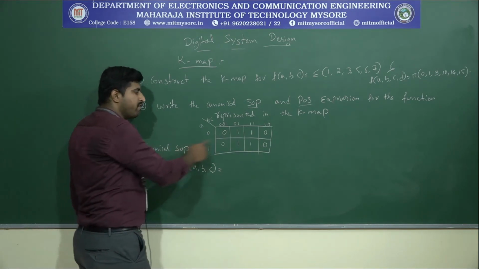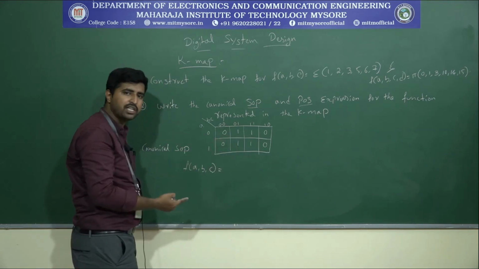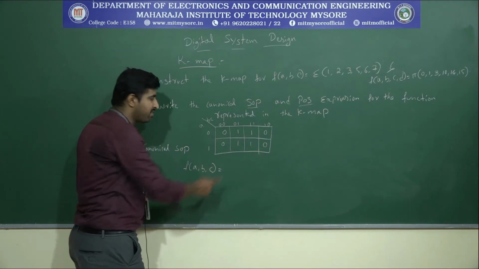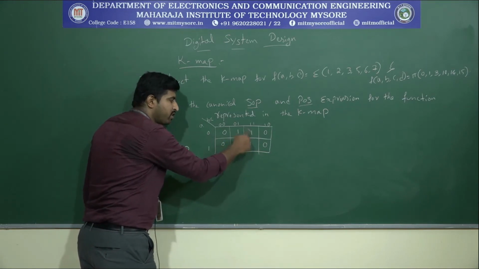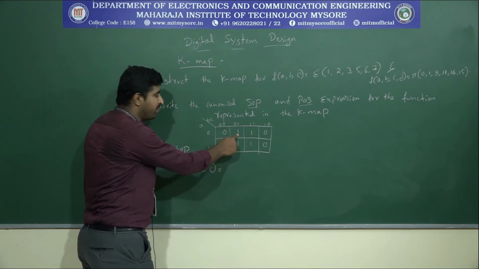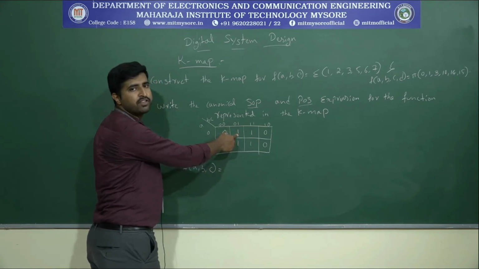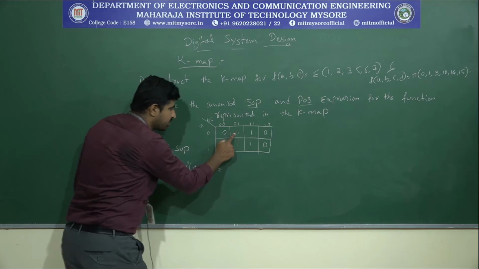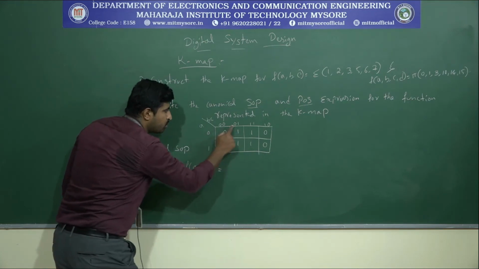Canonical SOP means we need to write the expression corresponding to wherever the output is 1. Only for those cells we need to write the corresponding min terms. So what is the min term for this cell? This corresponds to 0 0 1.